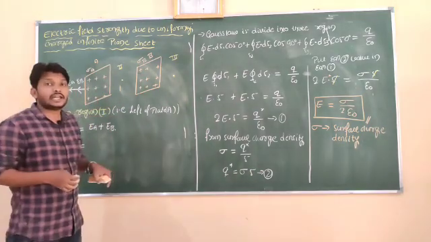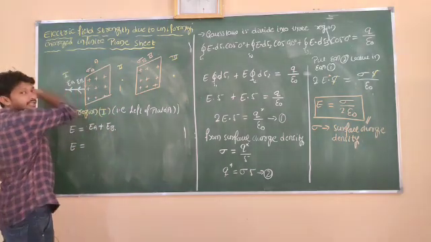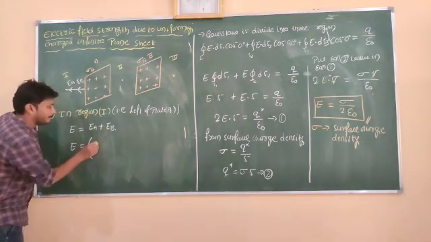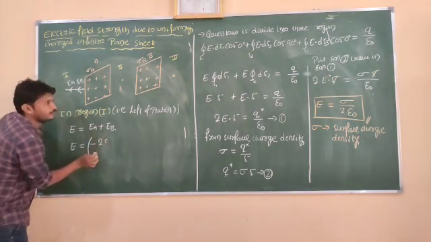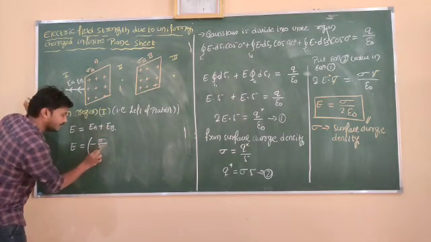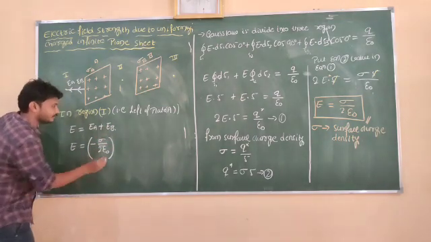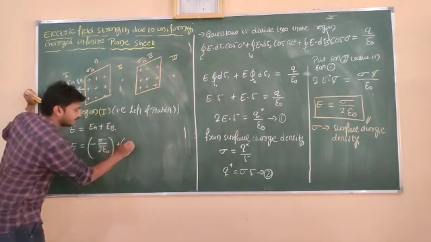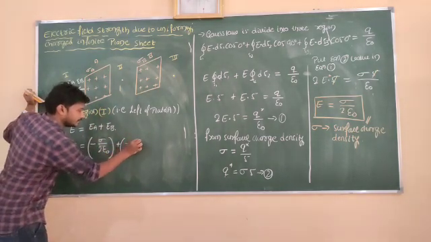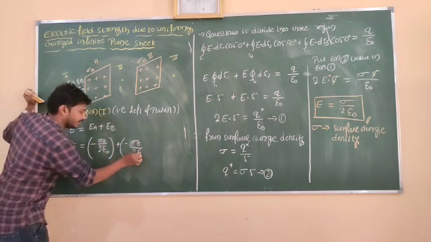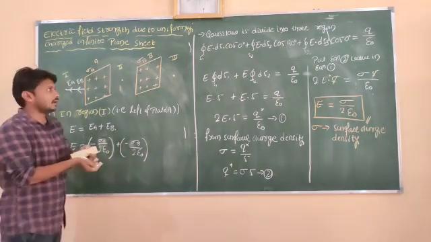The direction is along the negative x-axis, so E is equal to minus sigma of A divided by 2 epsilon naught, plus E of B, also along the negative x-axis, minus sigma of B divided by 2 epsilon naught.